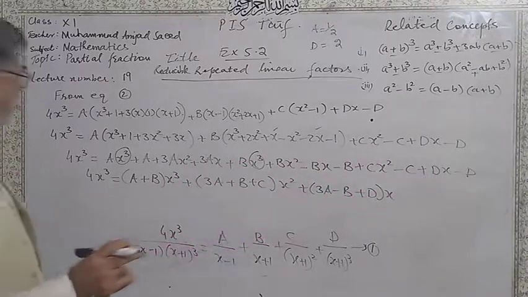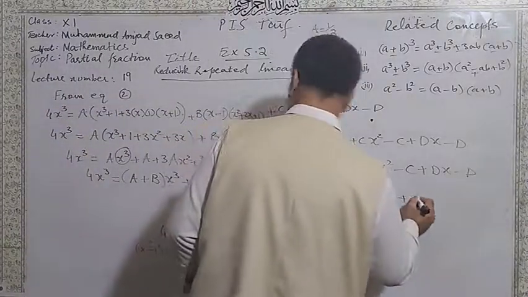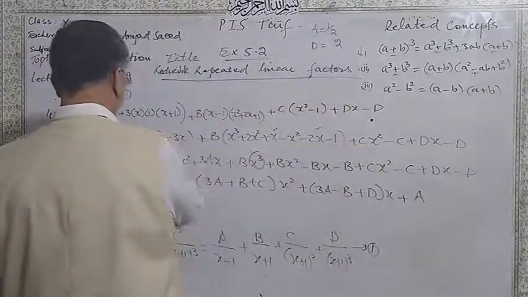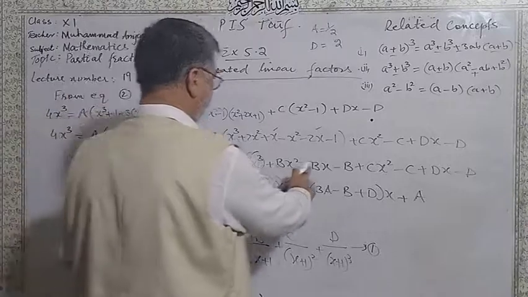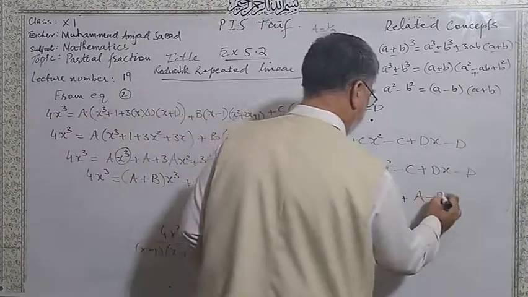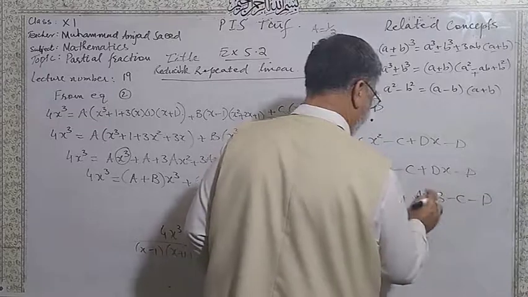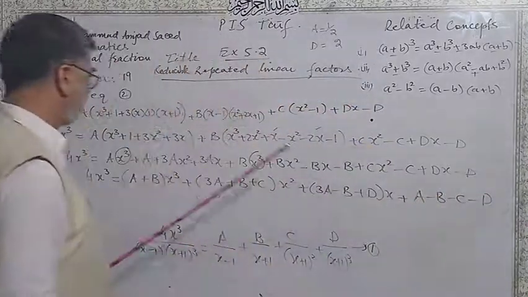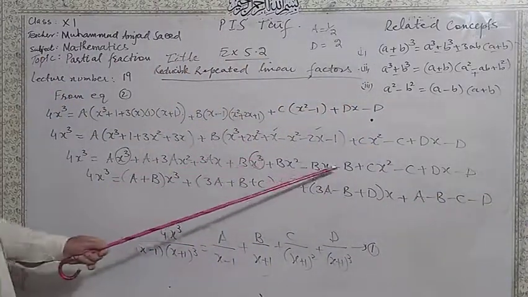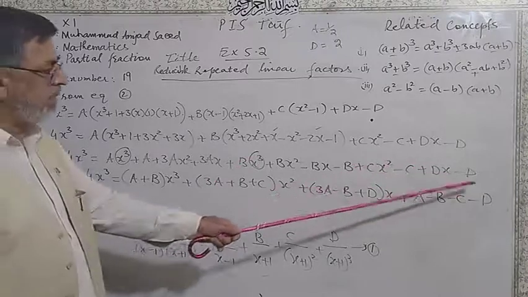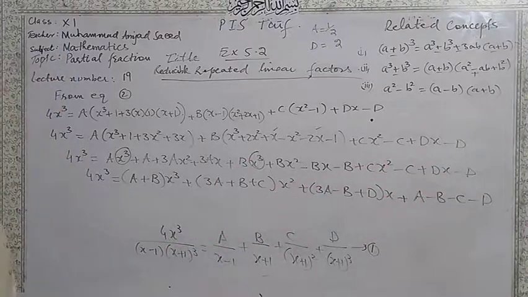And after that we have constants. That is a minus b minus c and minus d, plus a minus b minus c minus d, they are constants.